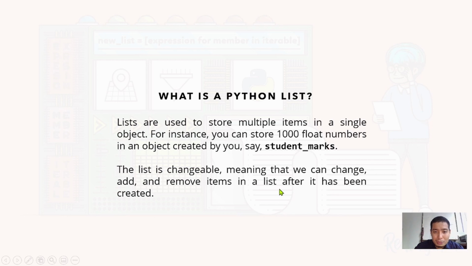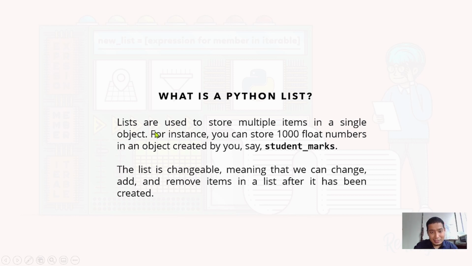So what is a Python list? I'm just going to read this here. Lists are used to store multiple items in a single object. So you have many objects and you want to store them into a group, and then you declare them under a variable, and the type of the variable is the list.